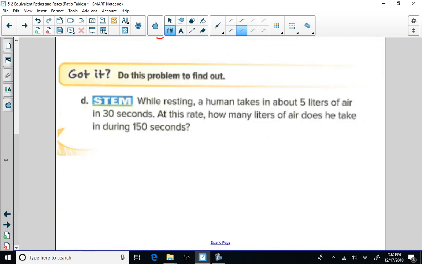All right, let's try our next example. While resting, a human takes about 5 liters of air in 30 seconds. At this rate, how many liters of air does he take in 150 seconds? So we have liters and we have seconds. And we have 5 liters in 30 seconds.